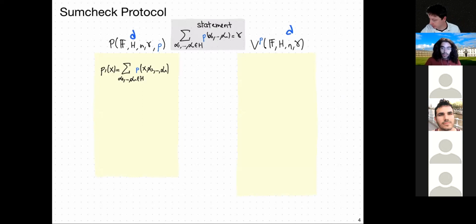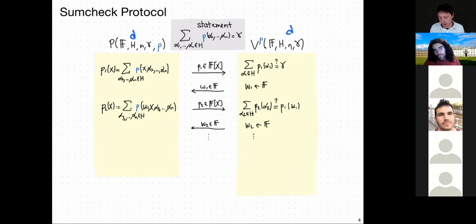Is the bound sufficient, or do we need the individual degree of all the variables? In principle, you could have different individual degrees for each variable, but this is rarely used. You could say, I have a different individual degree for variable 1, variable 2, variable 3, and you use those different degrees to syntactically check each round's message.